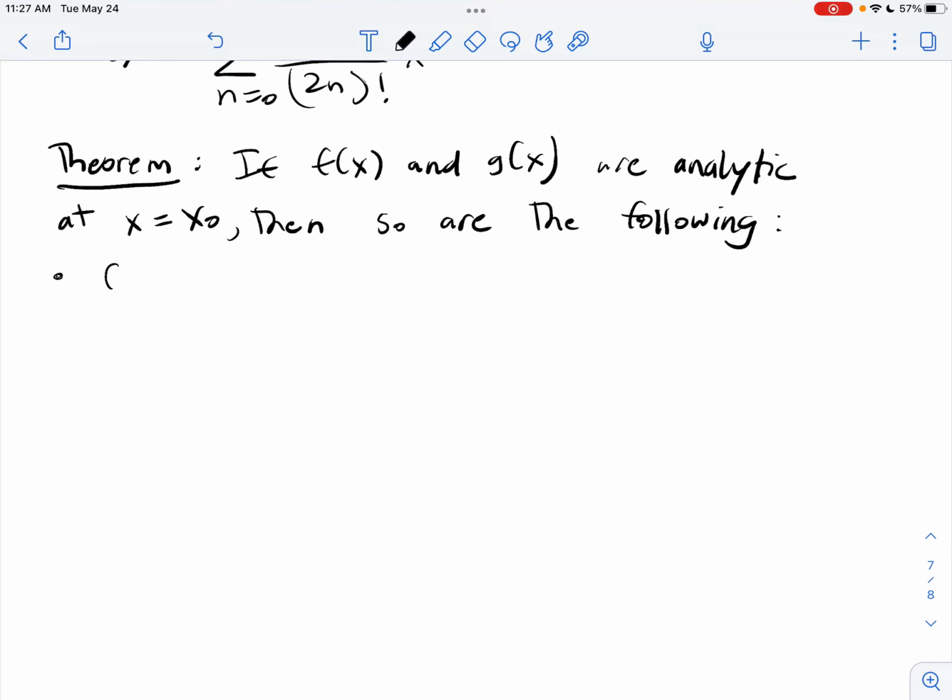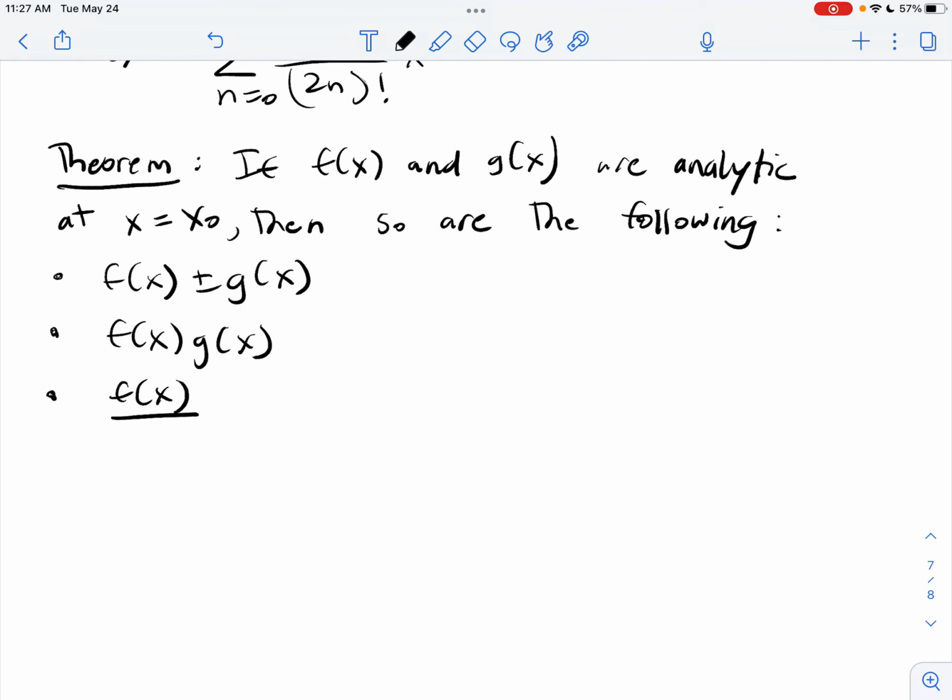First, f of x plus or minus g of x. Also f of x times g of x. And also f of x divided by g of x, provided g of x is not 0.